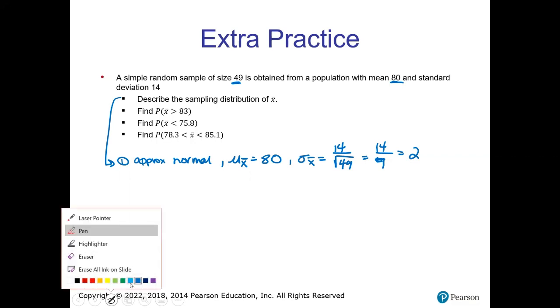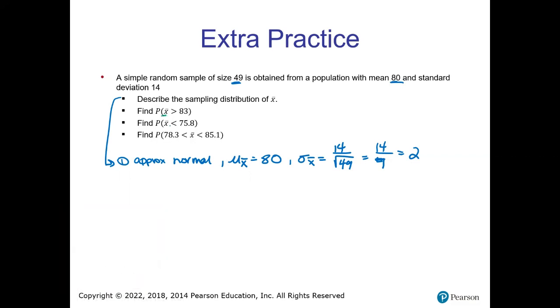All right, so all these other problems say the probability that my sample mean, so I am using these new values in StatCrunch. I have to use these for my probabilities.